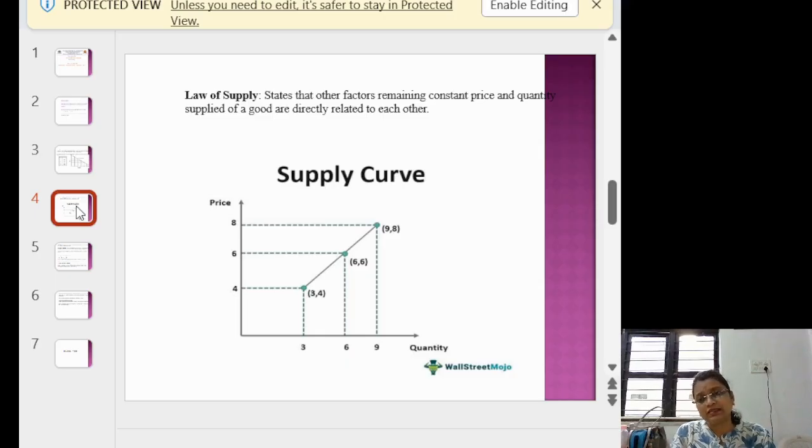That is called the law of supply. Remember, law of demand is studied from the perspective of the customer, and law of supply is always studied from the perspective of the supplier or producer. Okay.